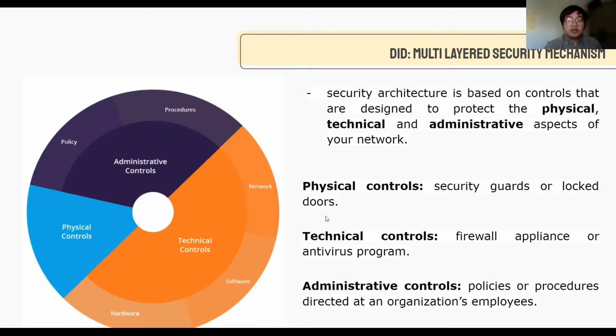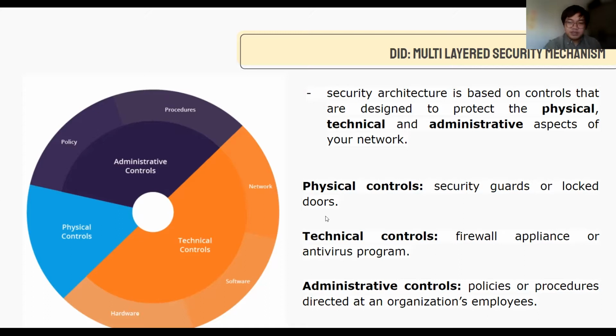And above all, administrative controls is the measure that we use in determining the policies or procedures directed to specific employees within the organization. So if you remember, this is wherein confidentiality, integrity, and accessibility fall on.